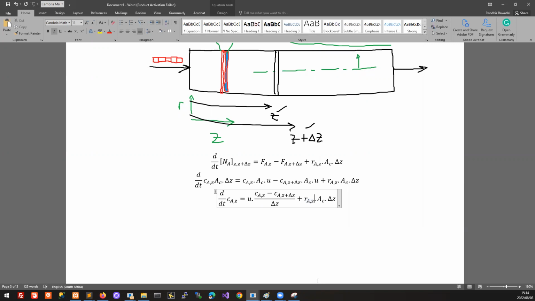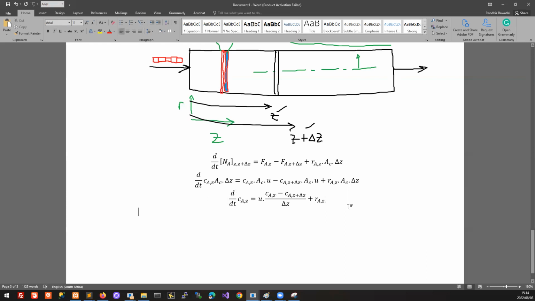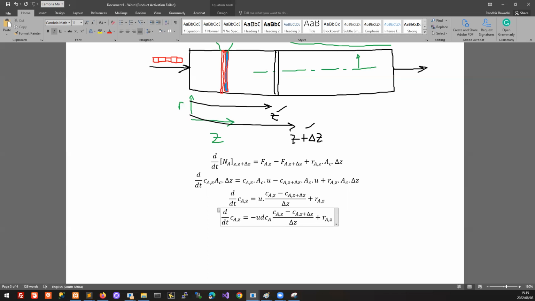And then here we simply divide by AC delta Z. Okay. And now we can do the obvious thing, which is recognize this as a derivative if we let delta Z tend to 0. So we can rewrite this as, okay, let's put the minus there, and call this dCA/dZ.